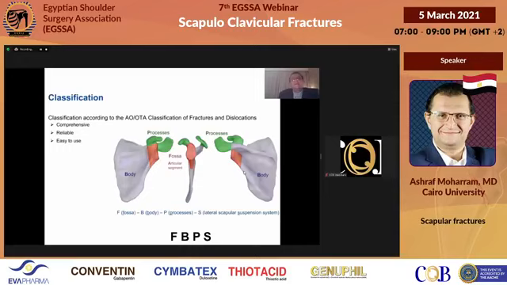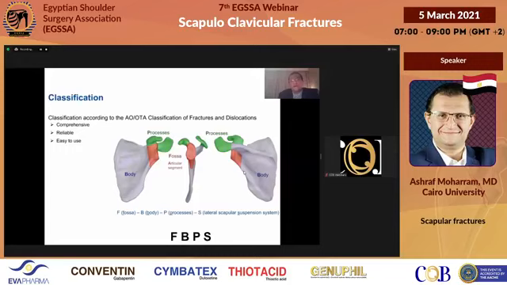They divided the scapula into 4 components: the fossa, which is the articular fragment, the glenoid and its neck, the body, and the processes, which is the acromion and the coracoid. And they added the letter S to evaluate the lateral scapular suspension system.